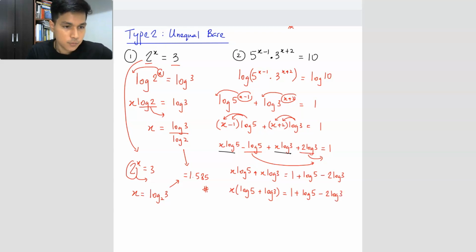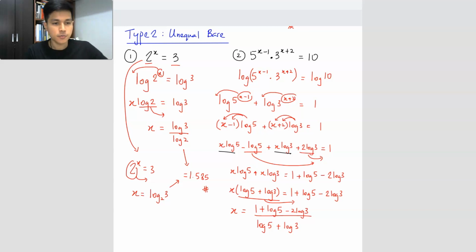Now we can find the x value. x equals, you write back this one, and since you're shifting this across, it becomes divide by log 5 plus log 3. You just straight away key this into your calculator.